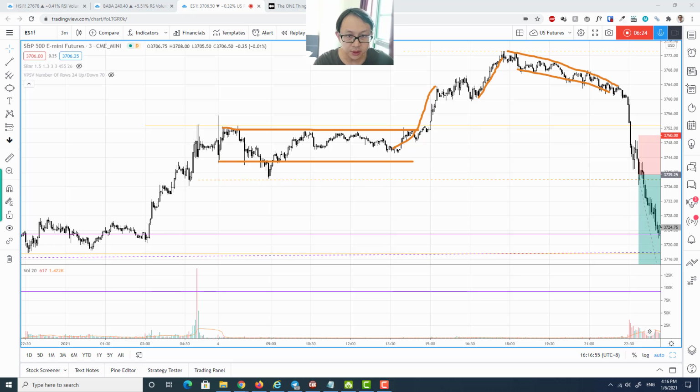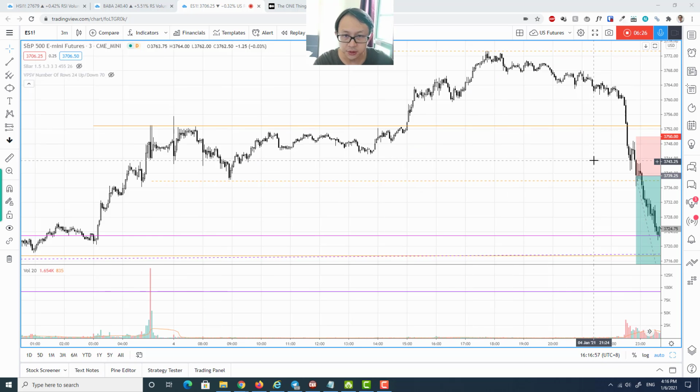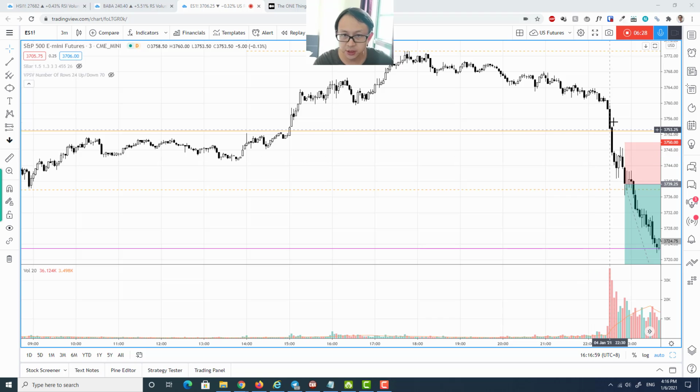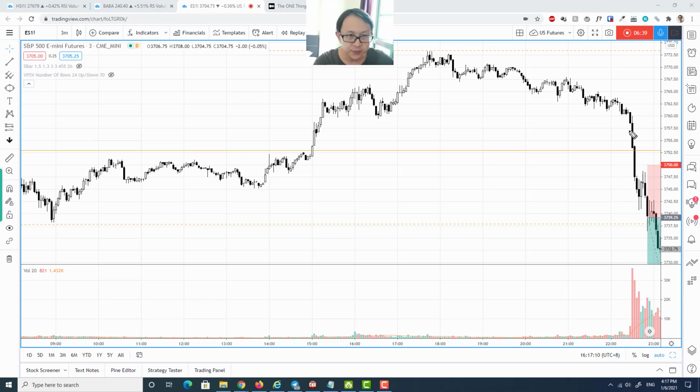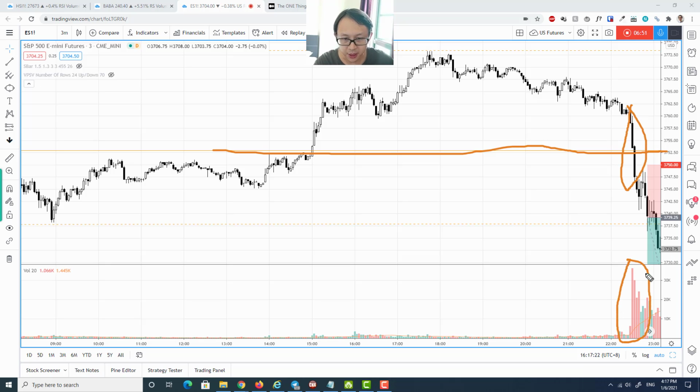The real reaction, the real pullback or sell-off or market correction, actually came in the first 2-3 bars when the US market opened. You can see that apart from breaking down the day high support, now become resistance, it's purely a break down right there with the spike of this supply.